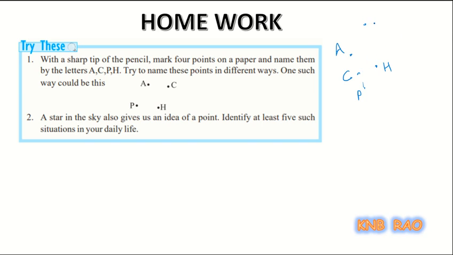One more possible way, all 4 points being on the same line, that is A, C, P, H. But certainly if I take any 2 points, they will be treated as staying on one line. So these are the 2 more possible ways: 3 points being on one line, and all 4 points being on the same line.